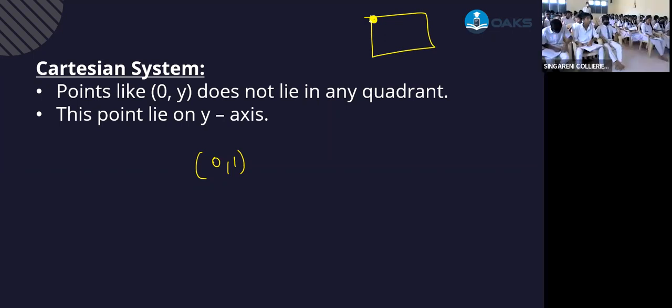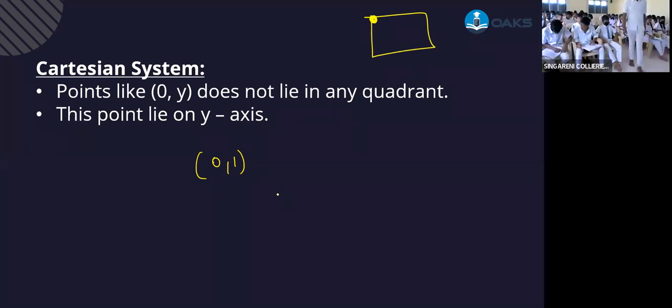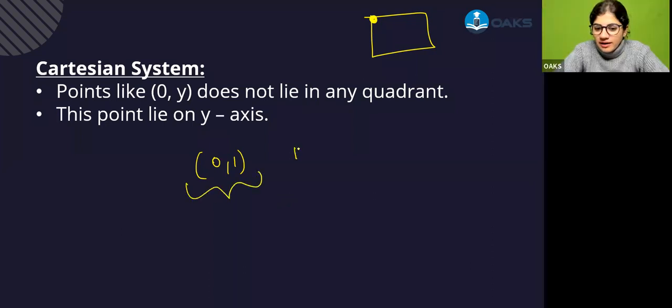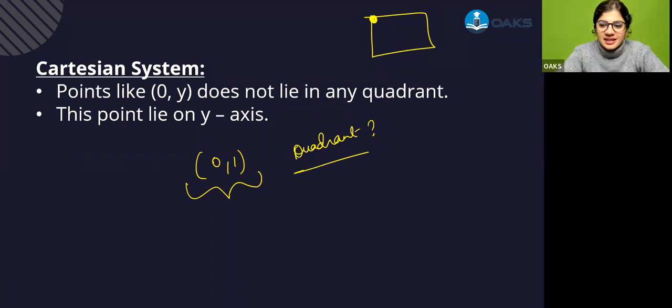I have called the person from very far. Okay, so I have 0, 1, right? Can you tell me in which quadrant this point will lie? Y-axis? Okay, very good, very good. I'll show where the y-axis is. You can sit down. Thank you.